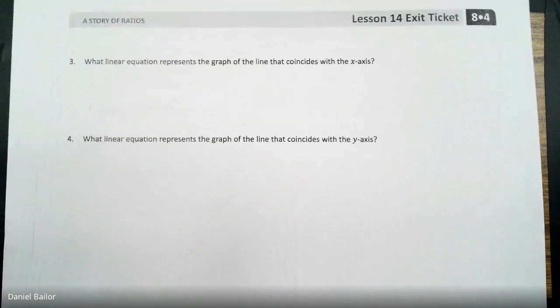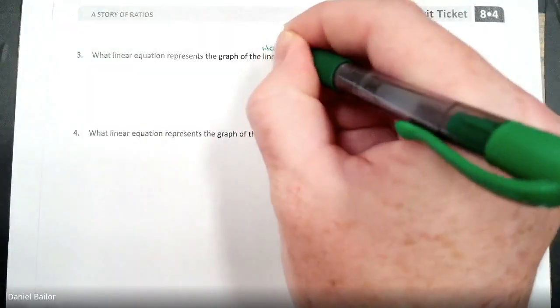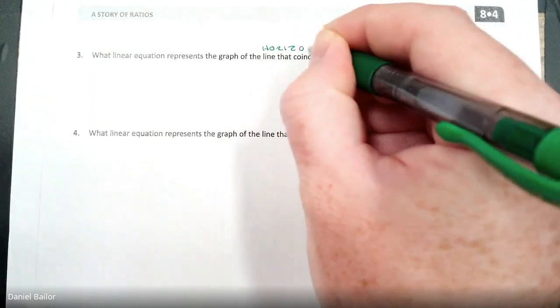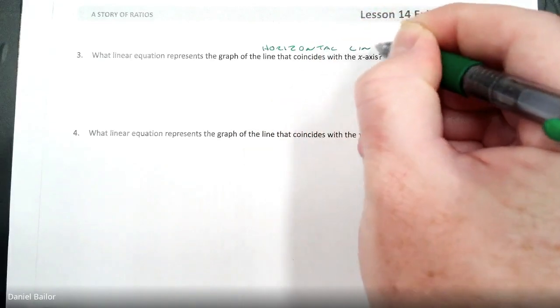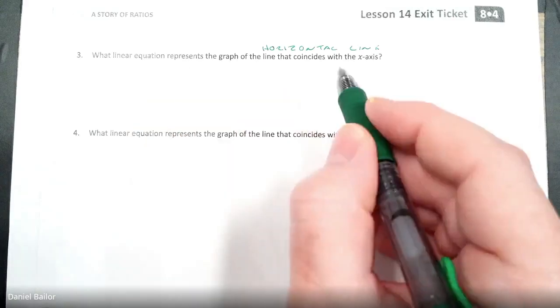But your exit ticket has 2 more questions. Number 3, where you get to write your own equations. So number 3, write an equation that represents the graphed line that coincides with the x-axis. So in other words, number 3 wants you to write an equation for a horizontal line.